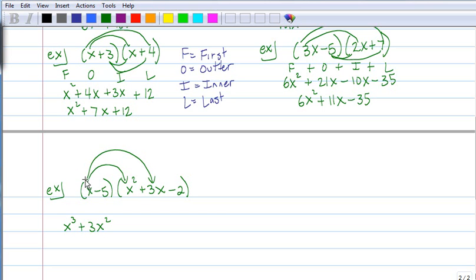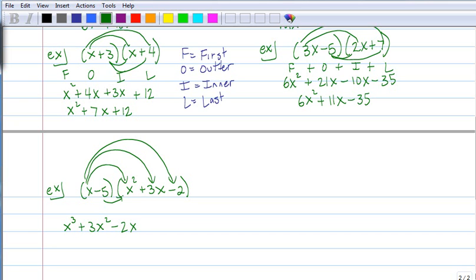And then we would have the last term, the negative 2 with the x, giving us a minus 2x, or plus negative 2x. Doing the same thing with the negative 5.